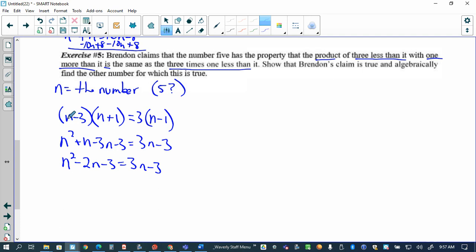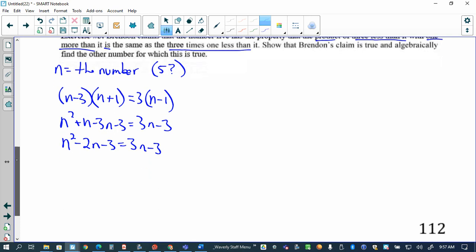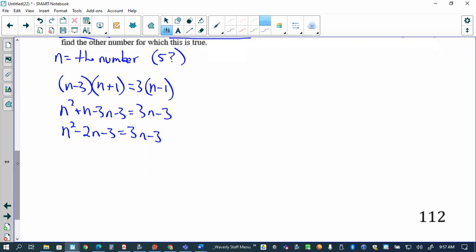Distribute the n, then distribute the negative 3. It has to equal 0, right? Does it equal 0 currently? How do we make that happen? Well, let's subtract 3n and then add 3. Do they have like terms? So we write the minus 3n and then plus 3 there. And what's that give us?